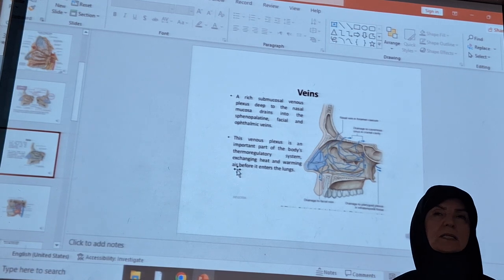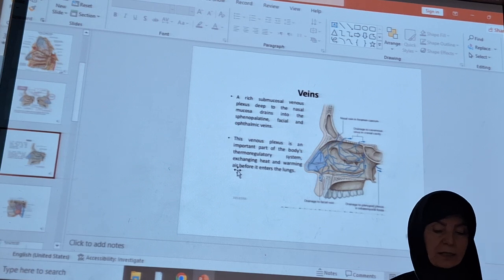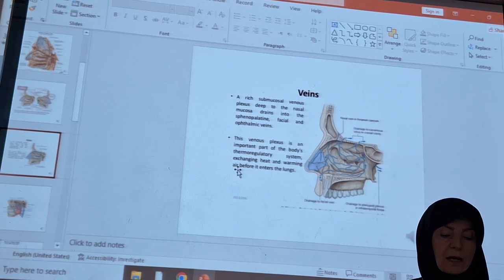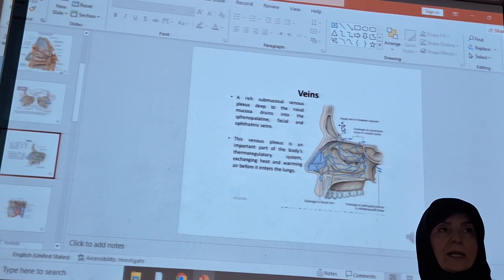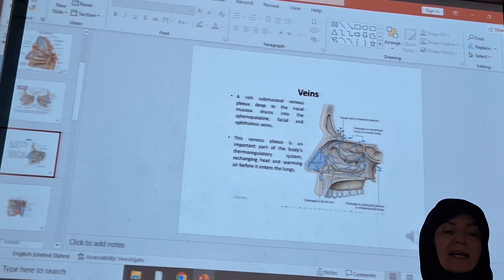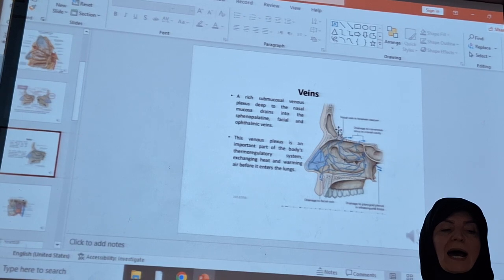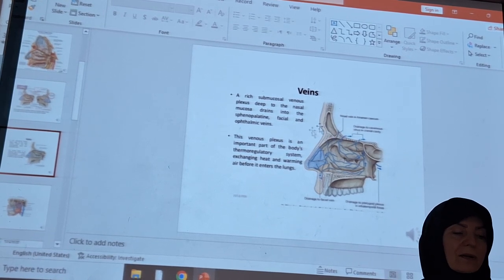About the vein, it is easy. Veins in the nasal cavity are visible here. Only you should know here an accessory nasal vein: superiorly it gives access to the cranial cavity, and inferiorly it gives access to the veins in the nasal cavity. So anterior to the cavernous body you have an accessory vein. It is a way that infection can spread.